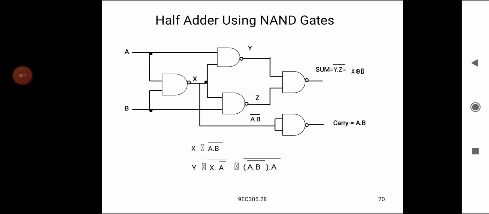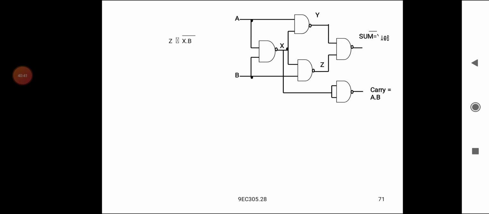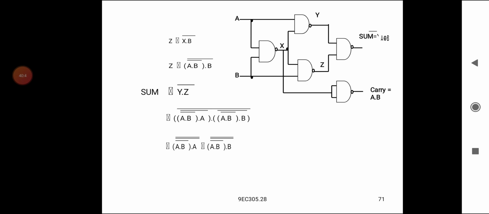So sum is equal to A exclusive OR B, and carry is equal to A and B. By simplifying the expressions of the gate outputs, we get sum is A exclusive OR B, carry is A and B.